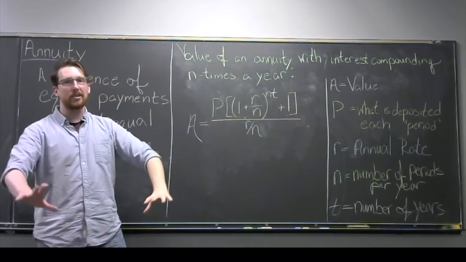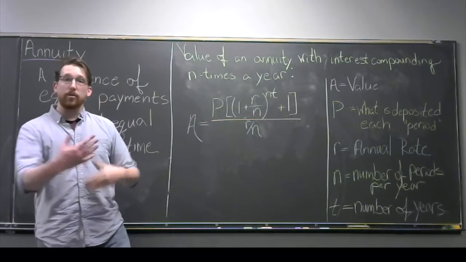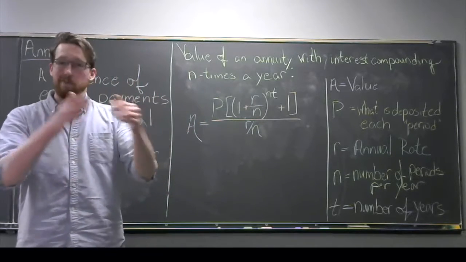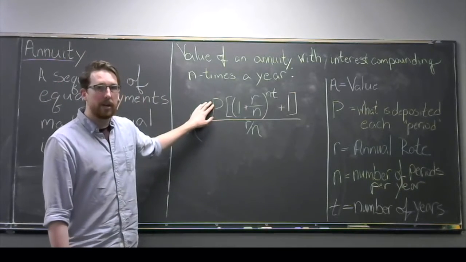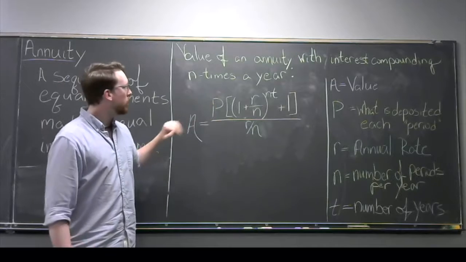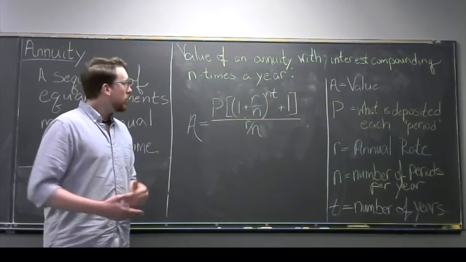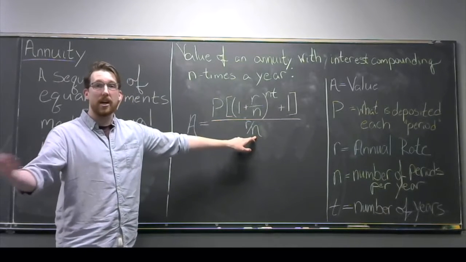So what is all of this? Well, P is the monthly or yearly or weekly payment, however you break up the time frame. It's the payment that you're putting in at every period. R is the annual interest rate. N is the number of periods that you're paying within a year.